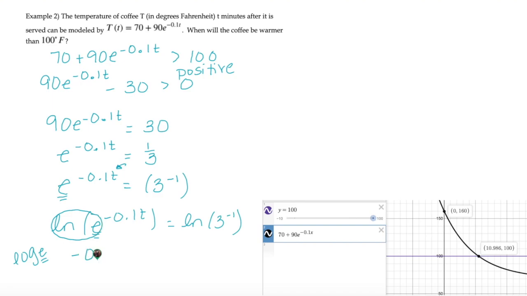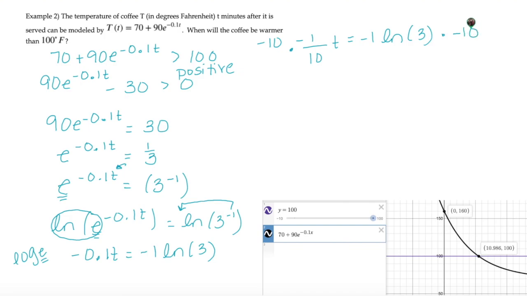So negative 0.1 t is equal to, utilizing the power rule here, negative 1 times the natural log of 3. I also know that this is negative 1/10 t equal to negative 1 times the natural log of 3. So to undo, I can multiply both sides by negative 10. So that time is equal to positive 10 times the natural log of 3.